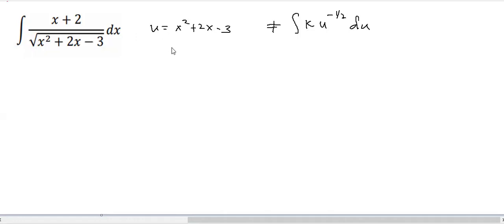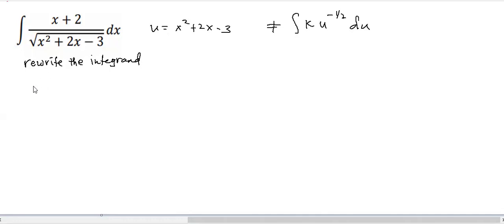Okay? So let's try a different u. However, there's no other possible formula. So let us rewrite the integral.